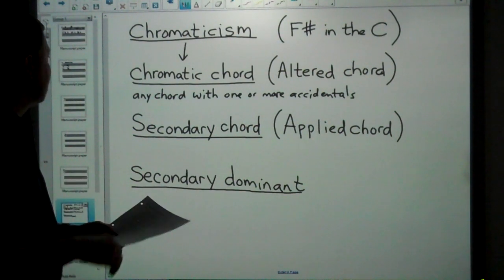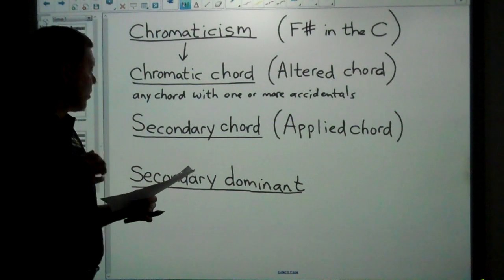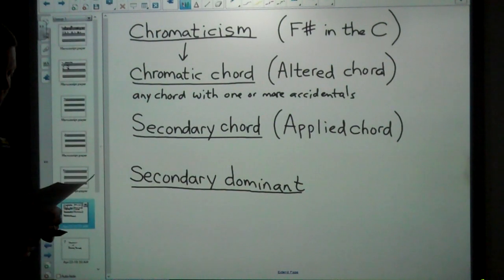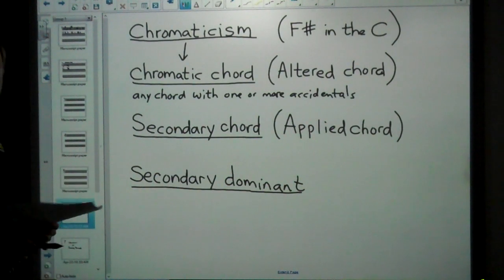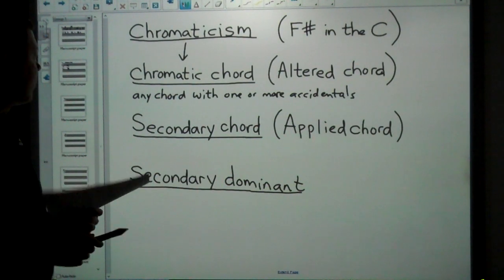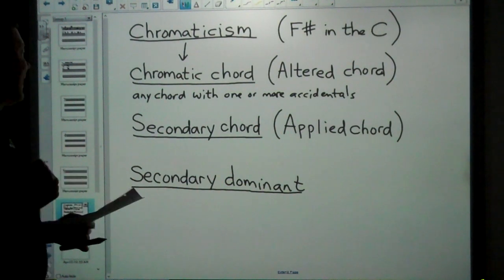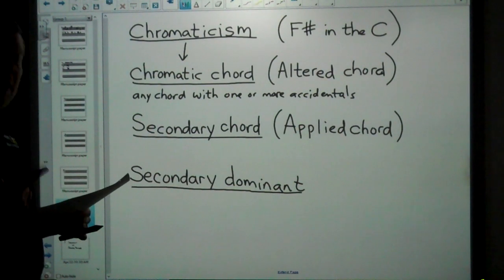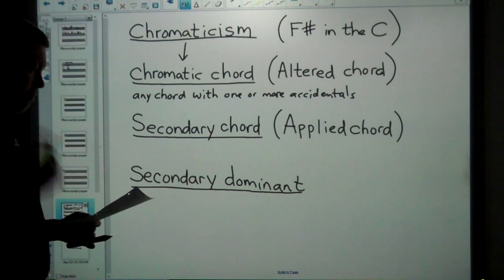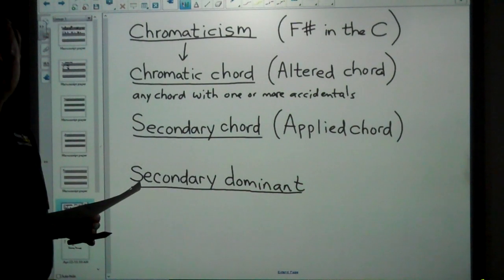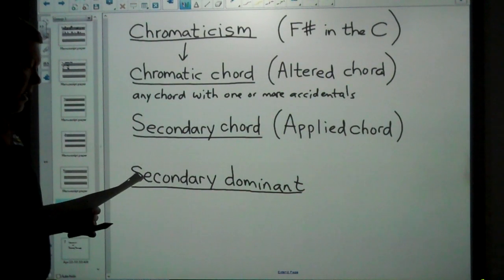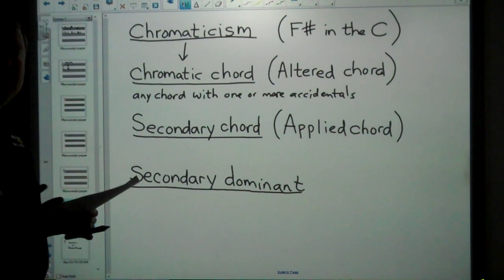For now, I'd like to tell you that secondary chords occur in all types and styles of music. For instance, secondary chords occur in classical music, pop music, Broadway music, choir music, band music and jazz music.